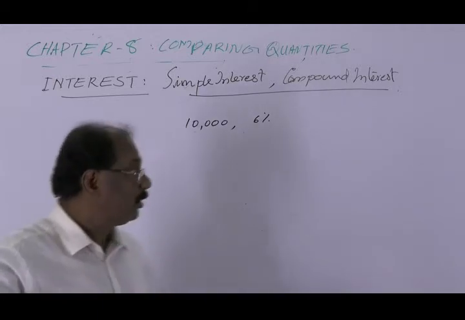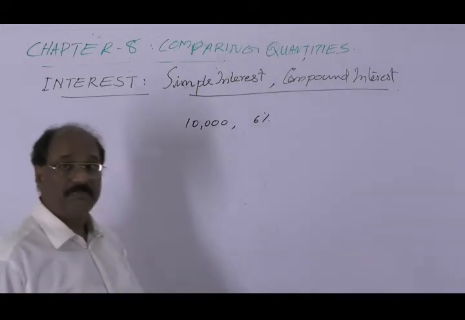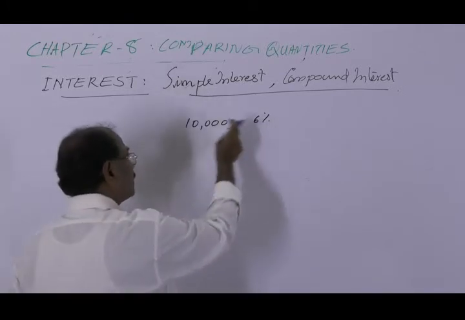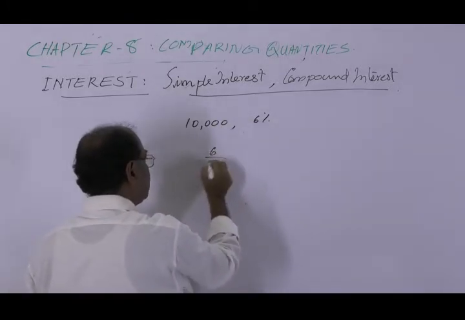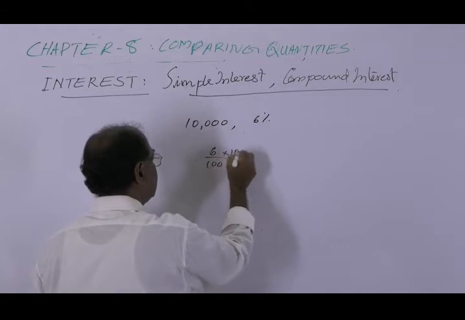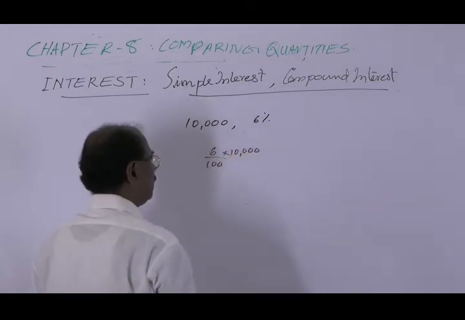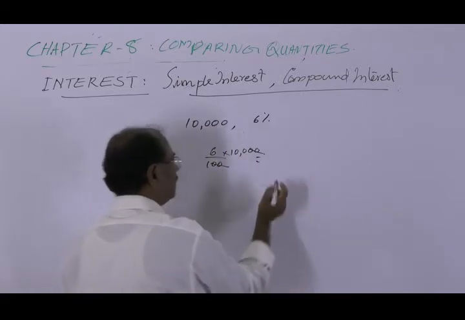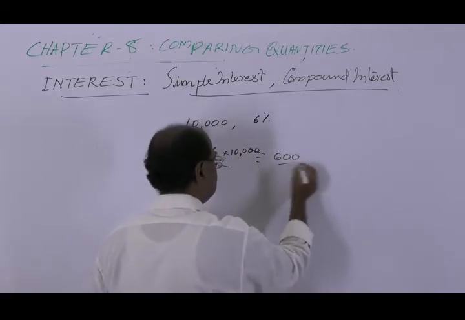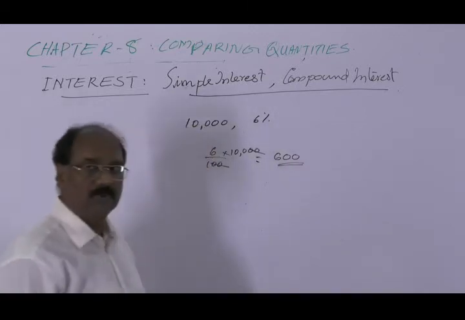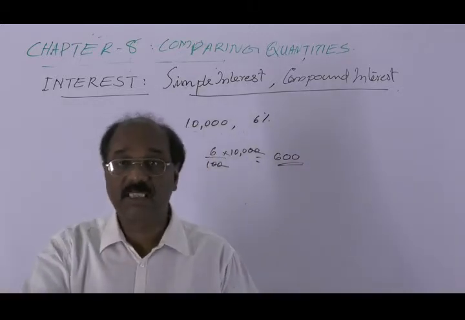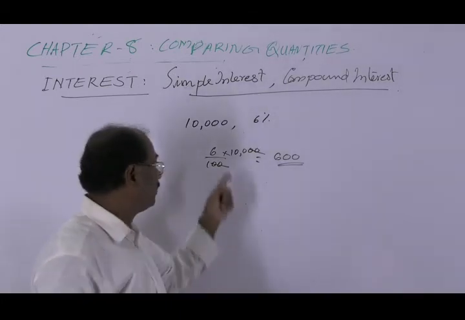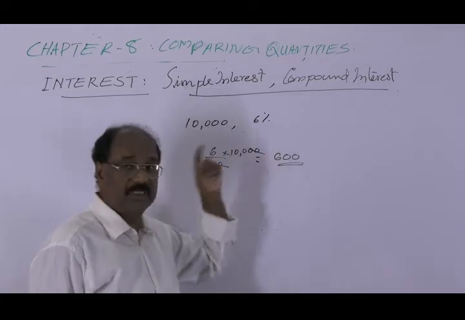Then after 1 year, the interest obtained is 6% of this, that is 6 by 100 into 10,000, which is equal to 6 into 100, which is equal to 600. So for 1 year, the interest obtained is 600 rupees, and after 1 year, we will have 10,600 rupees in the bank.